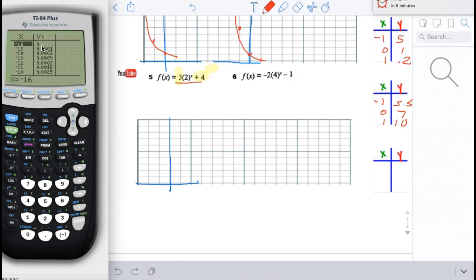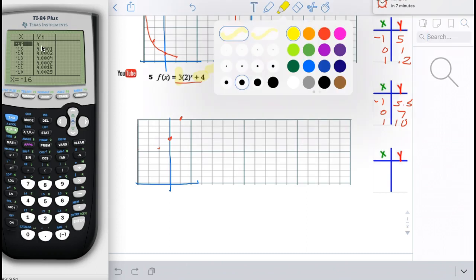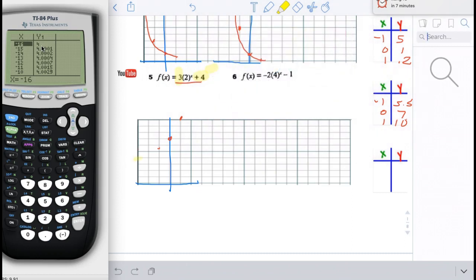And then 1 comma 10 would be this point here, 0 comma 7 would be this point here, negative 1 comma 5.5 would be this point here, and then like we said, the asymptote, which is at y equals 4, like we saw, is like right there, right? So we're going to draw a function so that it approaches the asymptote.